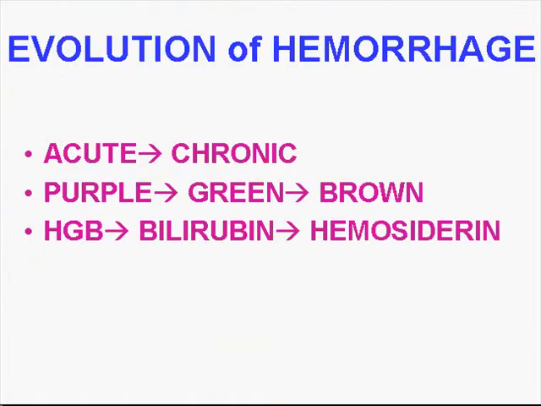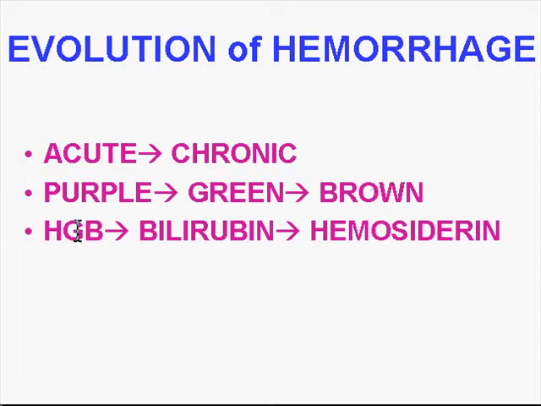Let's talk about evolution of hemorrhage, because you all know when you get a bruise, it changes colors. In the very acute stage, it's kind of a purplish red, which is what you'd expect. Perhaps after a few days, maybe a week, it kind of gets greenish, and then eventually it gets brown. And basically, that's due to the chemical changes that go on in hemorrhage.